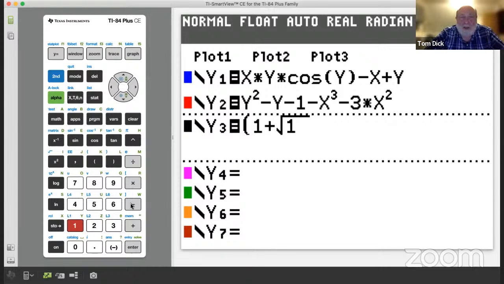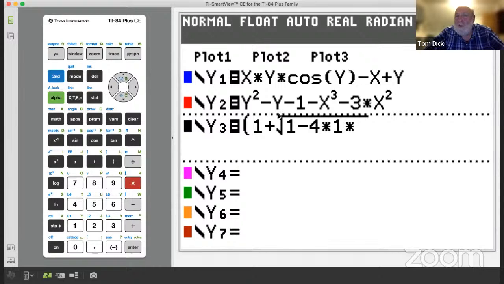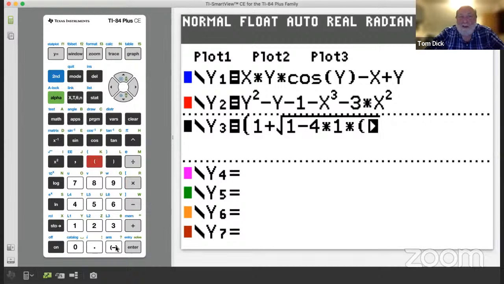So that'll be minus 4 times a is 1, and c is all of this stuff here, the negative 1 minus x cubed minus 3x squared. So let me put all that in there.